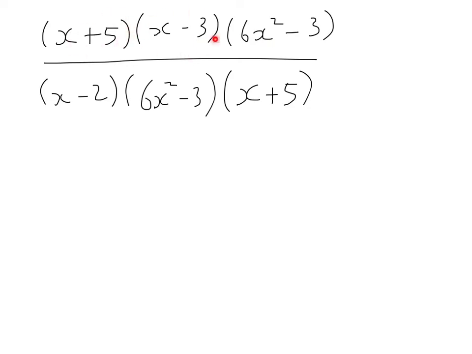Three things being multiplied together, but they're all a part of the same term, and the same on the bottom. So this x plus 5 and this x plus 5, we can cancel those out, they can go. And the same for the 6x squared minus 3, that appears on the top and the bottom. In the end, leaving us with just x minus 3 over x minus 2.